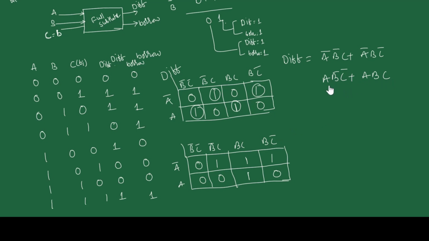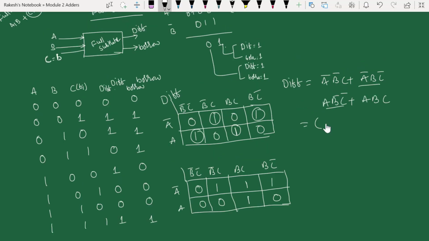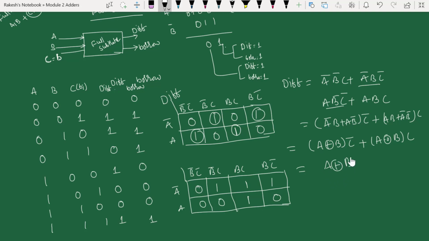If you rearrange the terms, if I take these two as 1 and take the C bar, so A bar B plus A B bar times C bar plus AB plus A bar B bar times C. If you rearrange, you are going to get A XOR B times C bar plus A XNOR B times C. If I further simplify, it will be A XOR B into C bar plus A XOR B whole bar into C. It's like A B bar plus A bar B. That means you can write it as A XOR B XOR C. This is my difference.